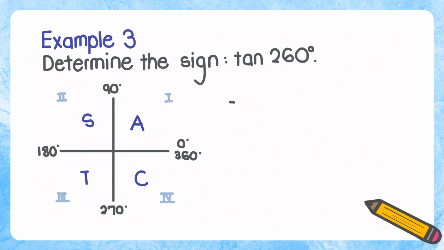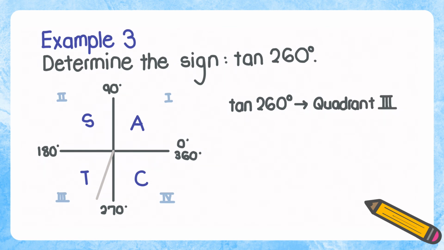So first off, we ask ourselves, where does 260 degrees lie in terms of quadrants? So 260 degrees is somewhere in quadrant 3, probably around here. So this angle lies in quadrant 3.